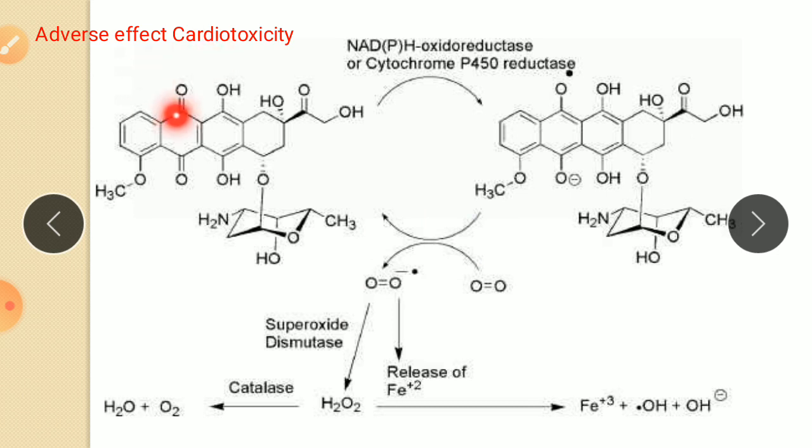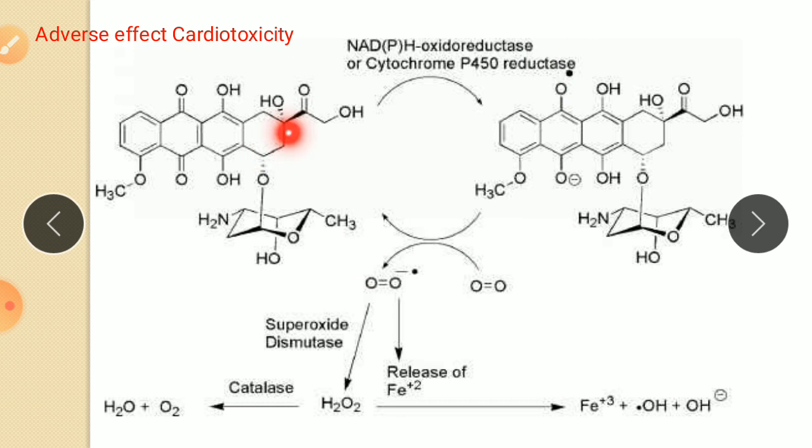Again I repeat, the C ring is involved here. So the C ring undergoes the 1 or 2 electron reduction. Then this bond shifted here, this bond shifted here, then it becomes O minus. So the radical is normally converted into hydrogen peroxide. Here the superoxide is produced and this superoxide is converted into hydrogen peroxide by the superoxide dismutase enzyme.